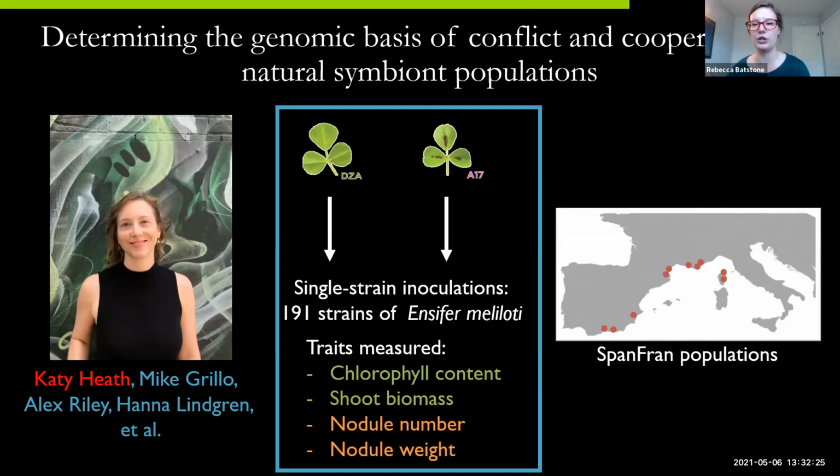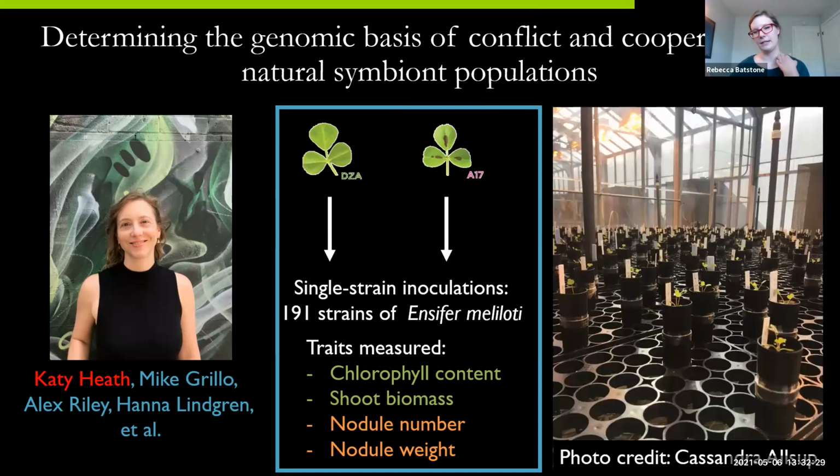Each strain's whole genome was fully sequenced. Replicates of the 191 isolates were singly inoculated onto one of two plant lines, DZA or A17. Then several proxies of rhizobium quality, or the benefit the plants were getting from a particular strain, were measured.